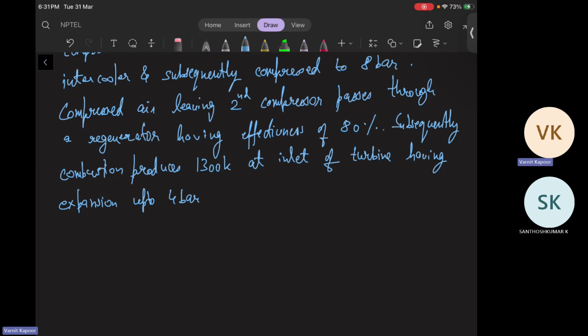And then it is reheated up to 1300 Kelvin. So that means perfect reheating is here. And reheated to 1300 Kelvin before being expanded up to 1 bar.